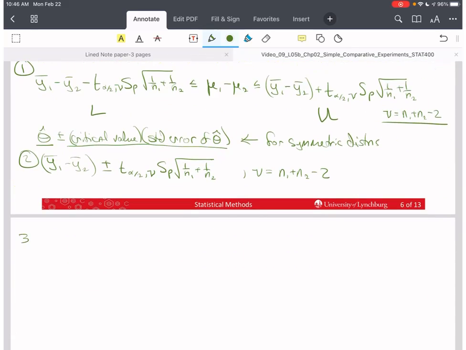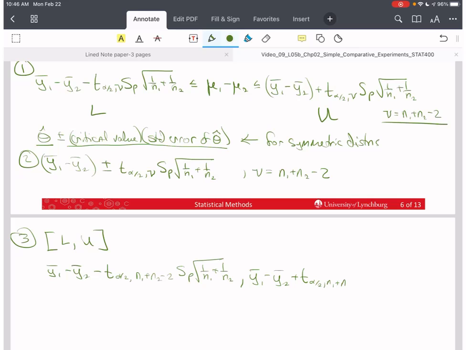Nu is equal to n1 plus n2 minus 2. And the third way to write the confidence interval is L comma U in interval notation, and this would be y1 bar minus y2 bar minus t alpha over 2 nu, or I'm just going to go ahead and substitute in n1 plus n2 minus 2 s sub p square root 1 over n1 plus 1 over n2, comma, y1 bar minus y2 bar plus t alpha over 2 n1 plus n2 minus 2 s sub p square root 1 over n1 plus 1 over n2.